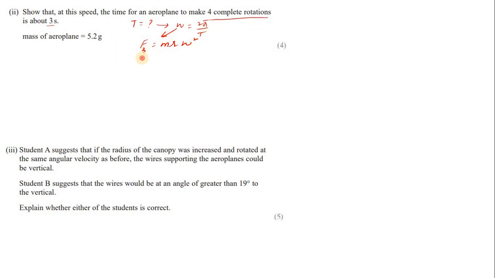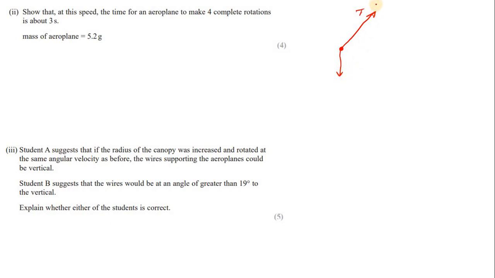We need to figure out the centripetal force. How to do this? We need to look at the free body diagram and see the forces acting, and then we're going to find the centripetal force, then omega, then t. So if you see the free body diagram, this is the plane, and this was the T that we drew, and the weight.